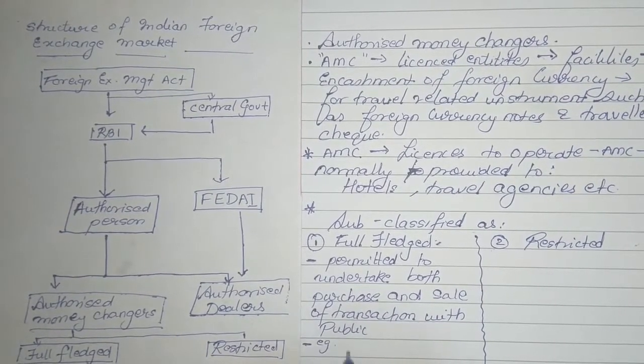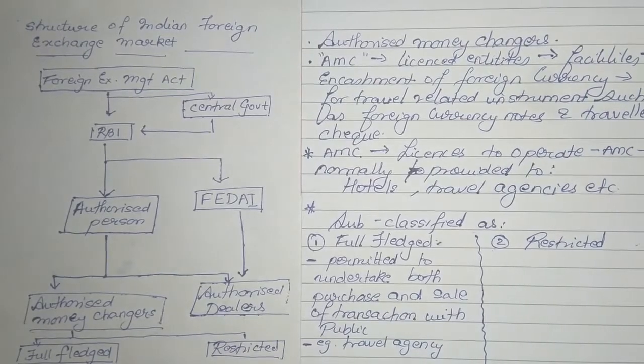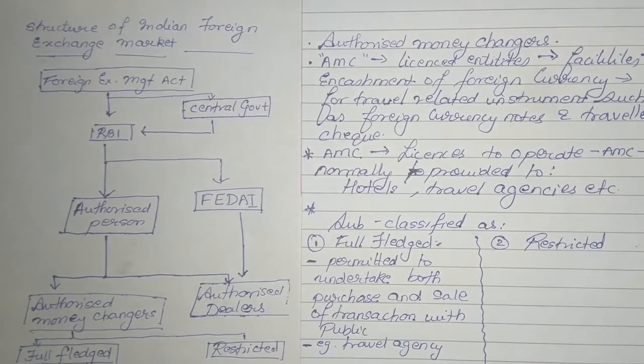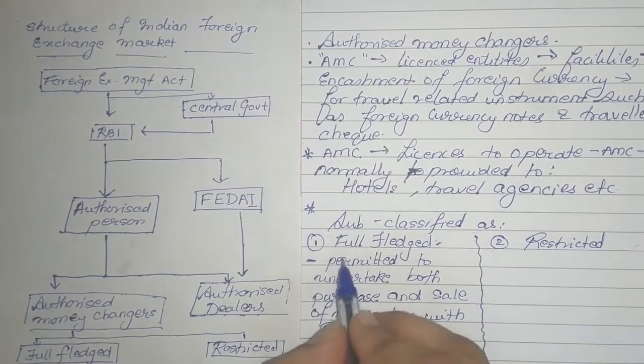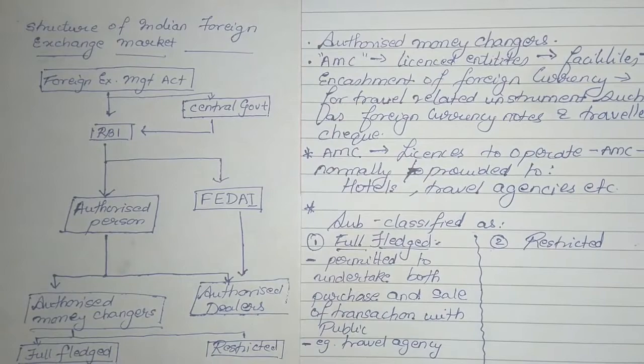For example, a travel agency can purchase and sell foreign exchange with the public. That is known as full-fledged. So full-fledged means you can buy and sell simultaneously.